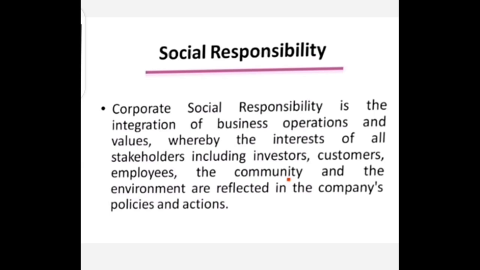As per the book, corporate social responsibility is the integration of business operations and values whereby the interests of all stakeholders, including investors, customers, employees, the community and the environment, are reflected in the company's policies and actions. So there should be certain policies regarding the welfare of the community. As businesses earn from society, they have to work in the best interest of society as well.